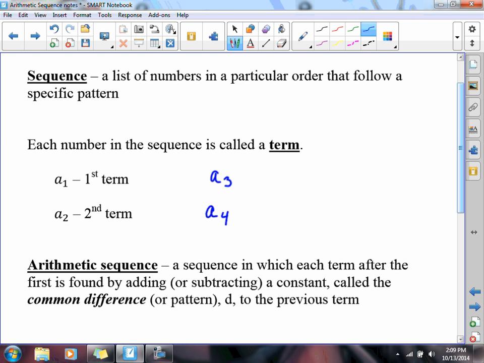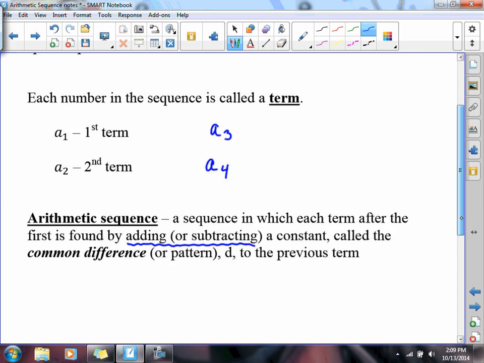And we're going to call that common difference d, and we are either going to add or subtract it to or from the previous term. So we're going to start with a specific amount, and then we're either going to add or subtract another amount to or from it. So arithmetic sequences always deal with adding and subtracting.